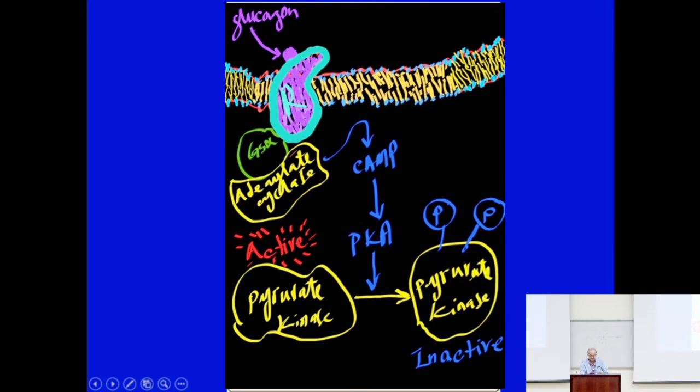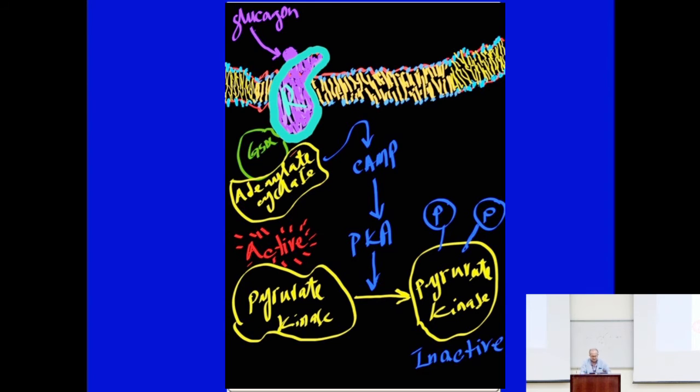Pyruvate kinase can be phosphorylated by protein kinase A. You remember protein kinase A when we were talking about signal transduction, glucagon receptor, beta adrenergic receptor. Both of them will activate protein kinase A. But protein kinase A can phosphorylate pyruvate kinase on specific serine, threonine residues of the enzyme. That's what covalent modification means. And make the enzyme inactive.